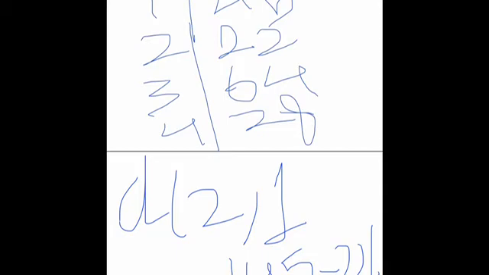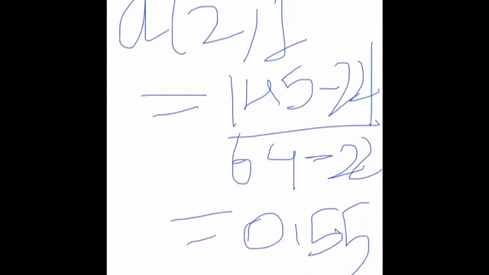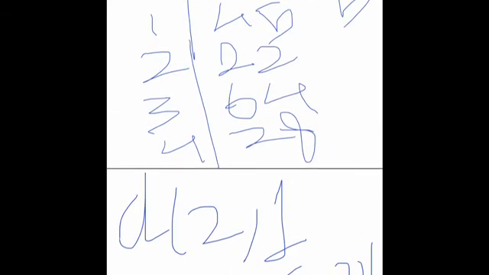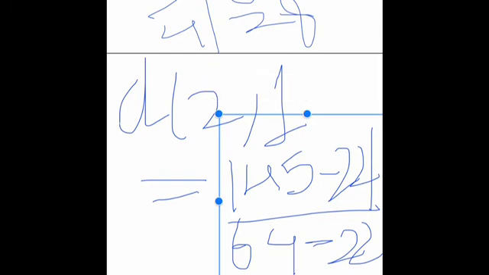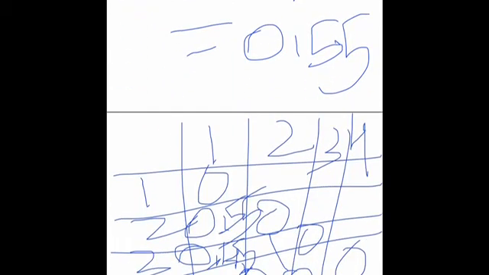Test 3 in this example: id 1, 2, 3, 4; test 3: 45, 22, 64, and 28. To calculate d of 2 and 1 equal absolute 45 minus 22 over 64 minus 22. Then we get 0.55.